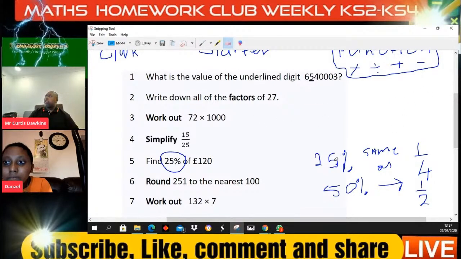If you look at this here, 25% is a quarter, correct? Correct. 50% is a half. Okay? Okay. So, if I ask you, Denzel, I'm going to give you 2 minutes to do this.